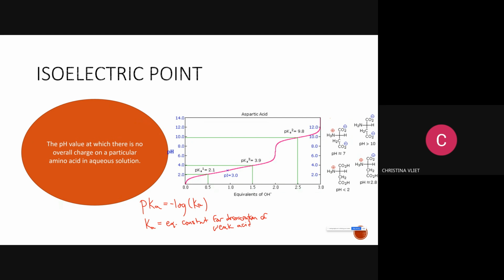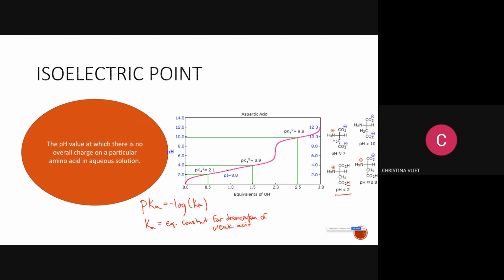Okay. So what is this graph then trying to tell us? It says there's a pKa, another pKa, and another pKa. What is that? Take a look at aspartic acid on the side. So there's a pH less than 2.